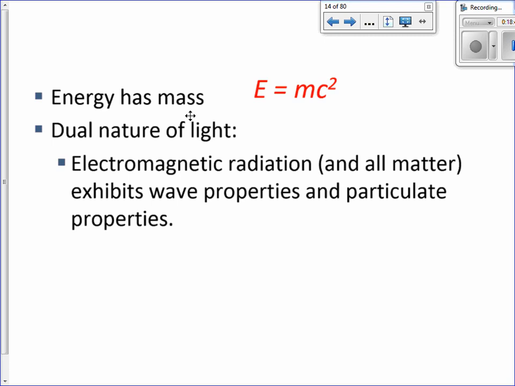All right. Moving on to energy having mass and the dual nature of light. So we're talking about having wave-like properties, which we just talked about, or like electromagnetic spectrum properties. Now we're talking about being able to have the properties of having mass and being a particle rather than just energy waves. Okay? So electromagnetic radiation in all matter exhibits wave-like properties and particulate properties, which means like particles.